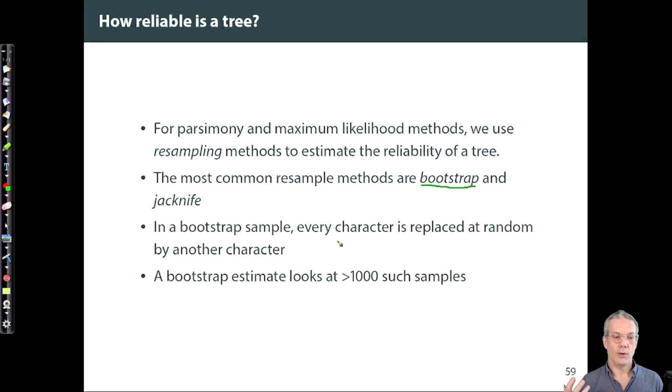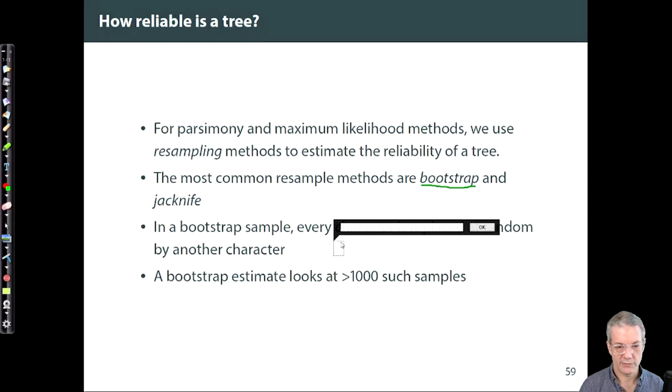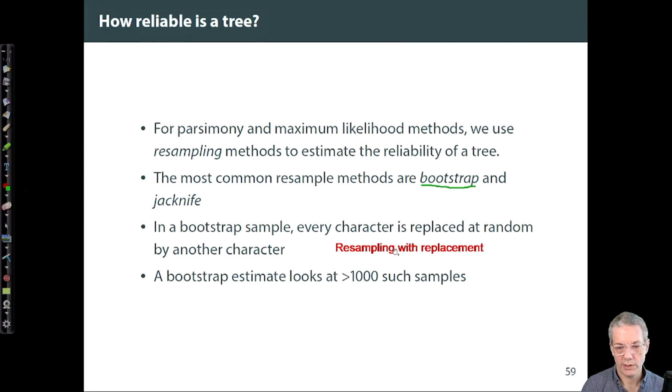So in a bootstrap sample, we are doing this thing called resampling with replacement. The with replacement part means that we put the slip back in that bowl, so we can draw the same character again, and some characters may never be drawn.